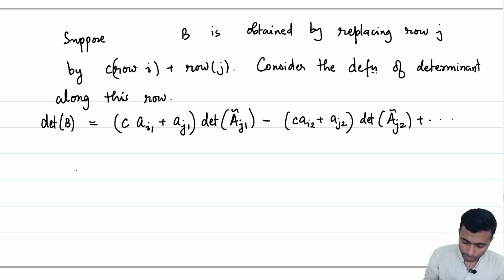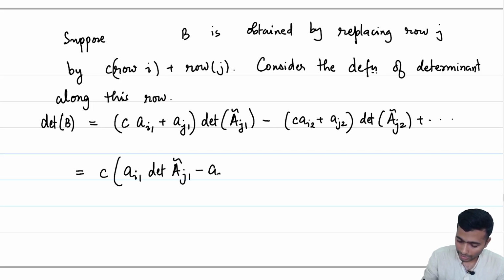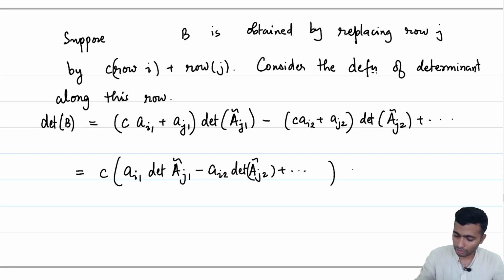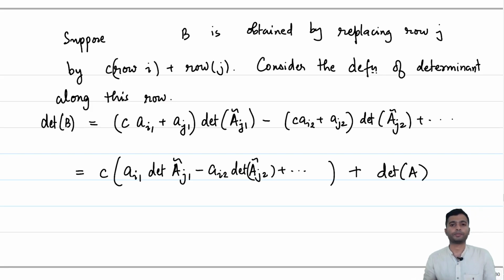We will be able to extract out C times a_i1 determinant of A_j1 tilde minus a_i2 determinant of A_j2 tilde and so on, and then whatever remains is determinant of A.